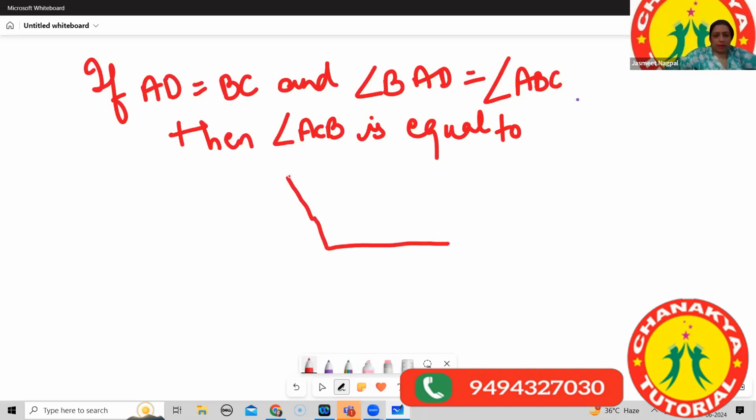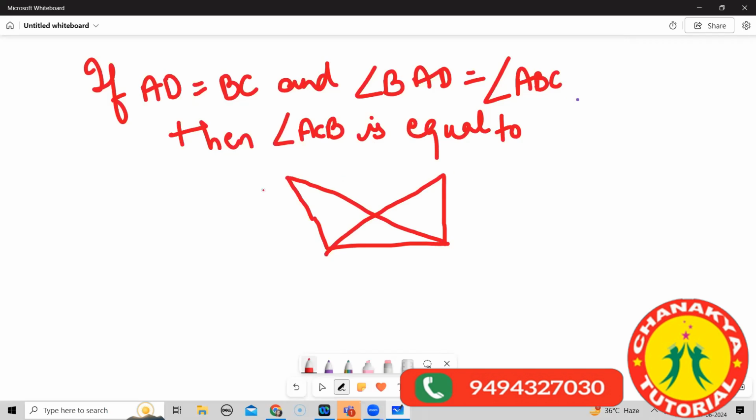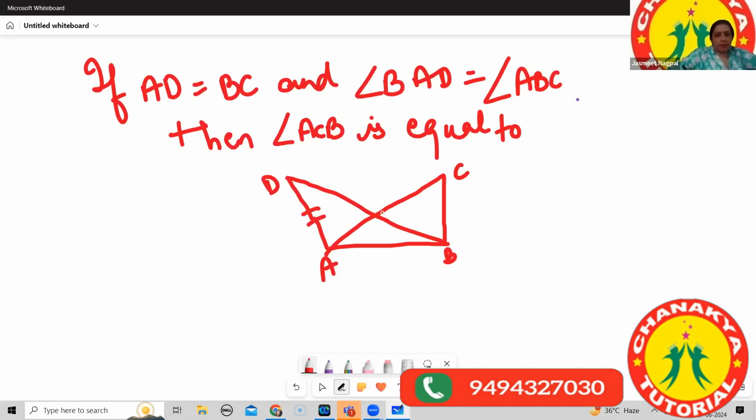Now you have to write the congruency parts. This is the figure. Side is given to you. Angle you have to choose. AD BC is given, BAD, that one, ABC. This one is also equal. Now ACB is equal to, now you will show it.